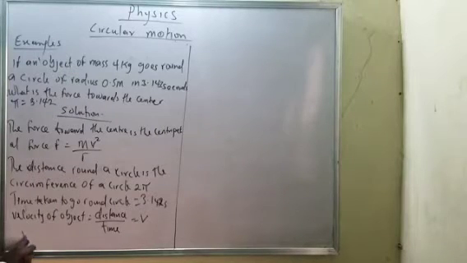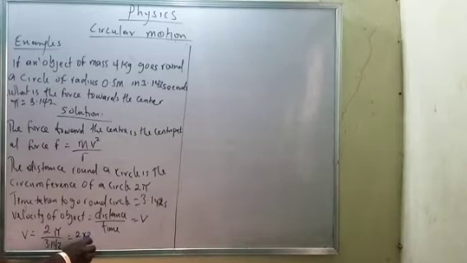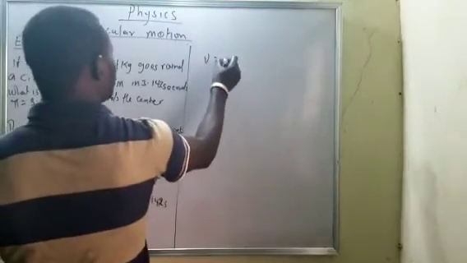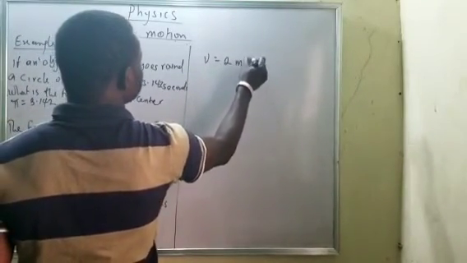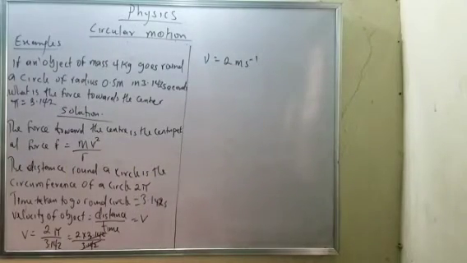Now with this I can say my v equals to 2 pi, which is the distance, divided by my time taken, 3.142. So I'll be talking about 2 multiplied by 3.142 divided by 3.142. This will cancel this. Now my v will be equals to 2 meters per second.